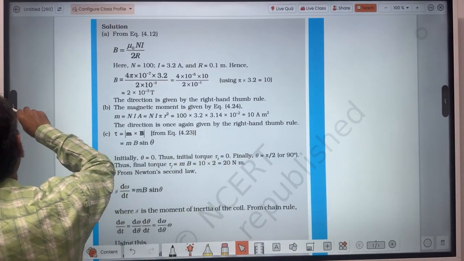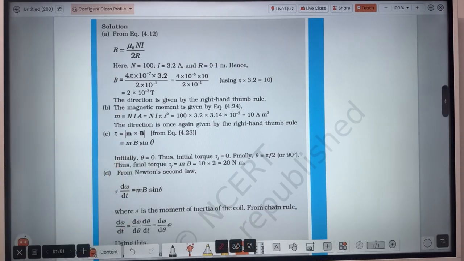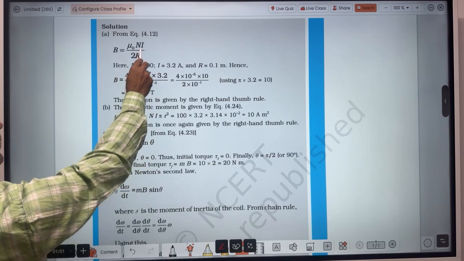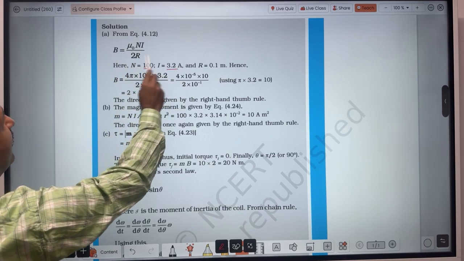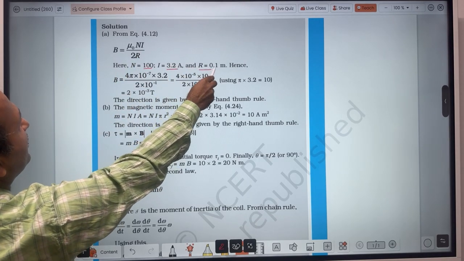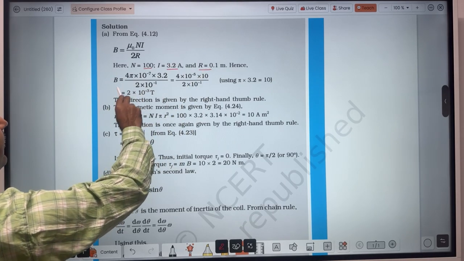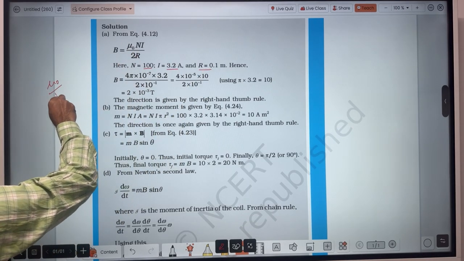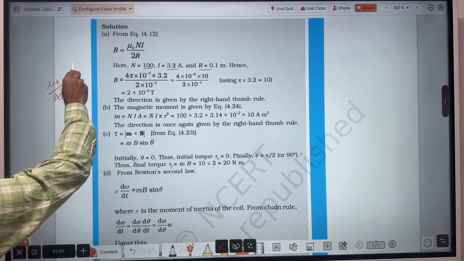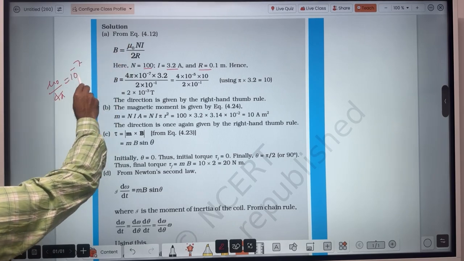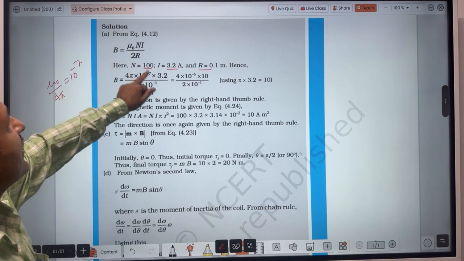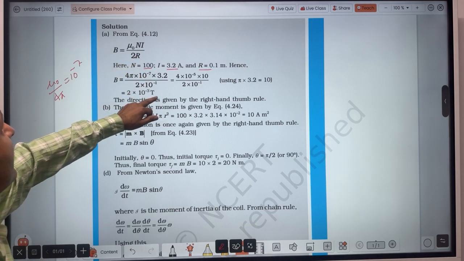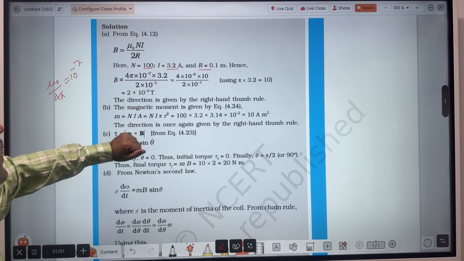Now, the magnetic field at the center will be given by mu naught NI upon 2R. In our question, N is given 100, I is given 3.2 ampere, and the radius of the loop is given 0.1. So we can find B after putting values. If you remember, mu naught upon 4 pi equals 10 power minus 7. So here we have mu naught, that is 4 pi into 10 power minus 7. Then the number of turns we can write, and then the current, and then divide by 2R.